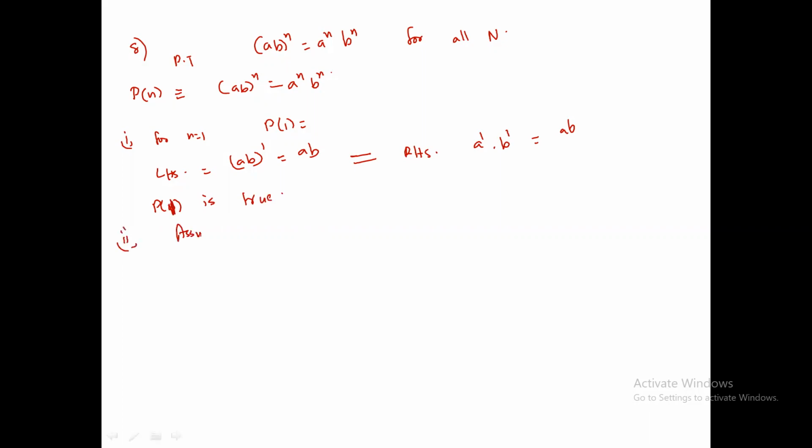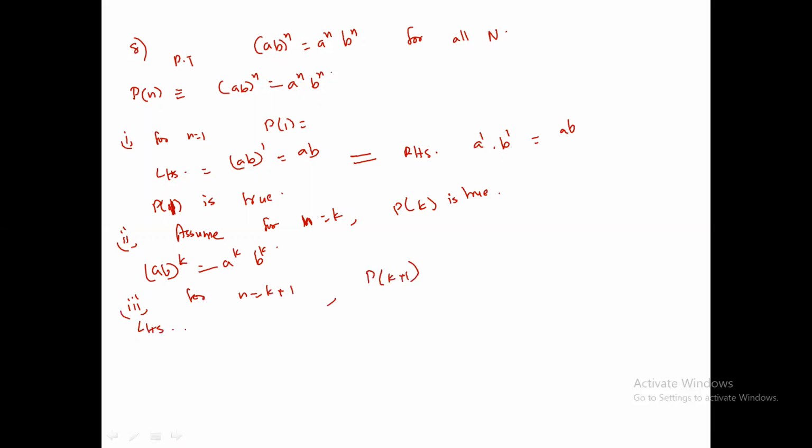Second, assume that for n equal to k, P of k is true. That means (AB) power k equal to A power k, B power k. Directly I'm writing without proving anything. Now I will take n equal to k plus 1. That is, I'm going to find P of k plus 1.